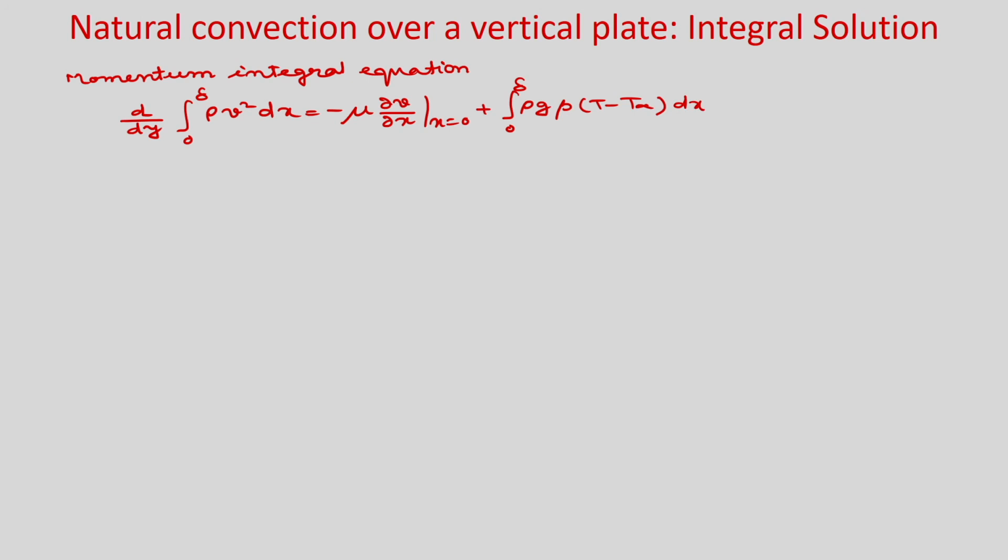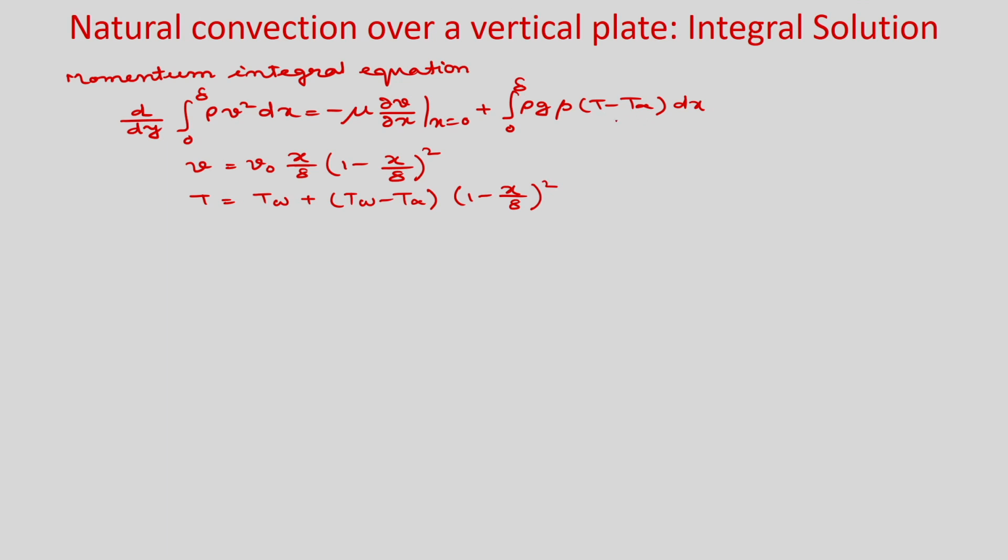Okay. Now, put the velocity profile and temperature profile. So, you have v is equal to v naught x by delta (1 minus x by delta) square, okay. And temperature profile T is equal to T infinity plus (T w minus T infinity) into (1 minus x by delta) square.